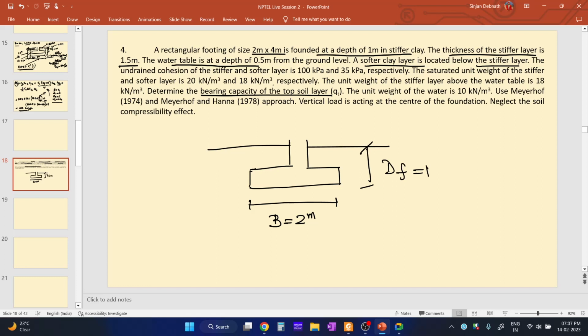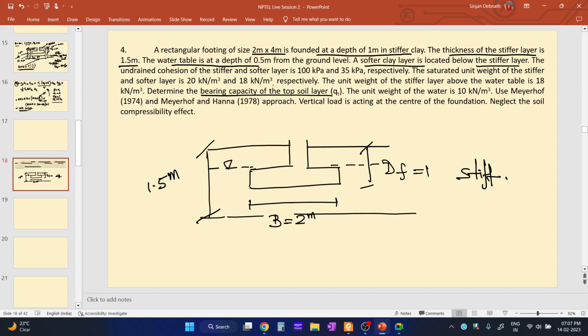The thickness of the stiffer layer is 1.5 meter, so this is the thickness of the stiffer layer. The water table is at a depth of 0.5 meter below the ground level, so suppose here it is, like the previous problem. A softer clay layer is located below the stiffer layer.